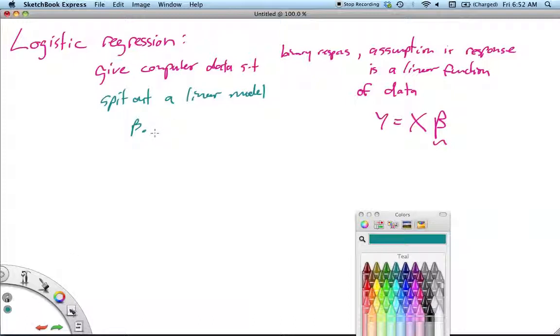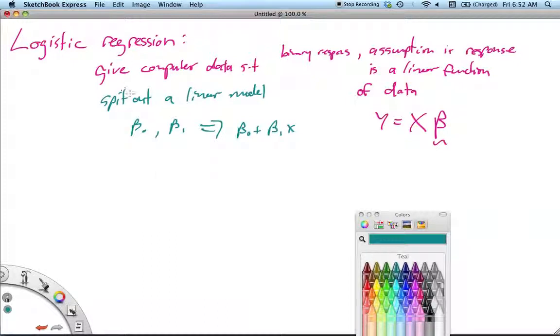Well, it's going to give you these parameter estimates, and the implication is that you can put these into a linear equation.